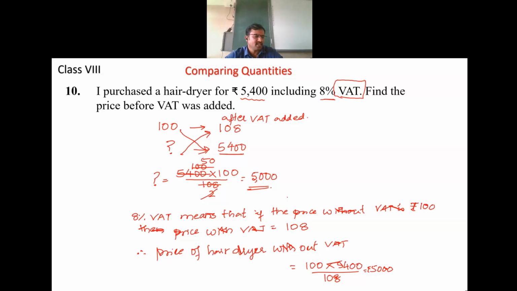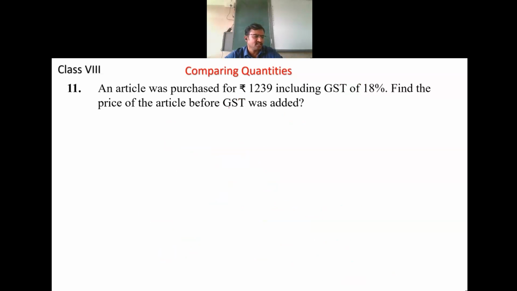All right. Now let's look into the next question. This is also related to tax. Now, what is the meaning of GST? Goods and service tax. Very good. So on goods also there will be tax included.